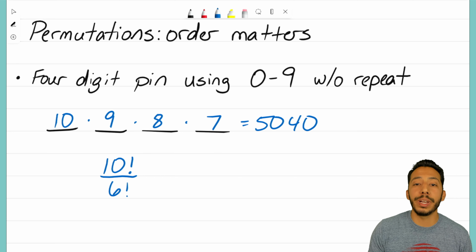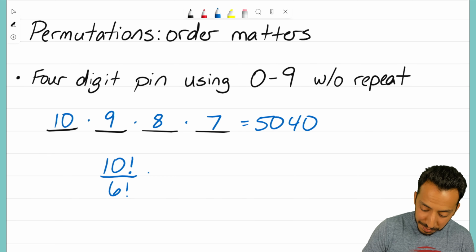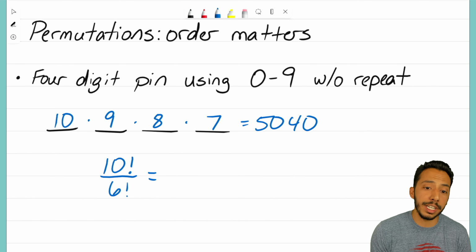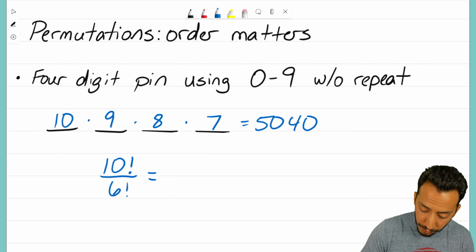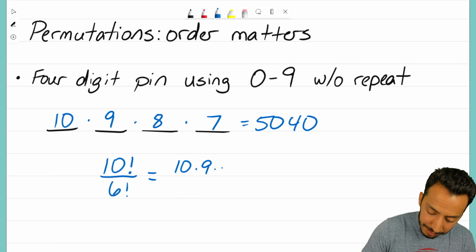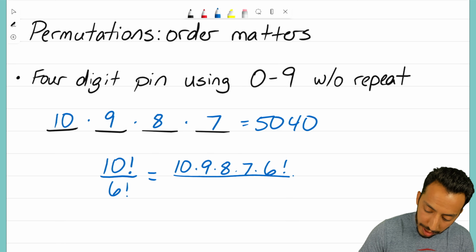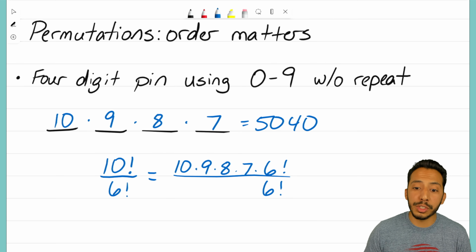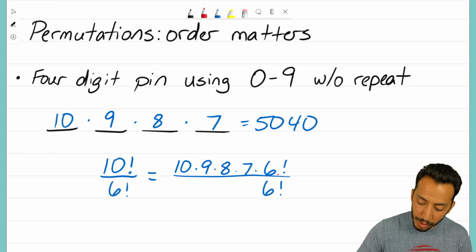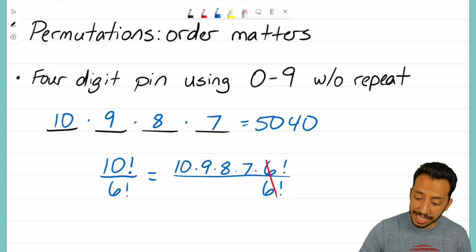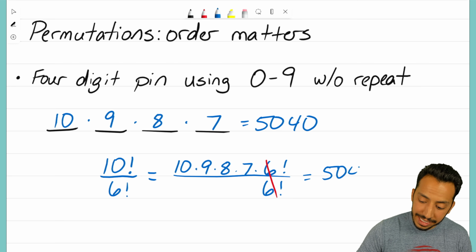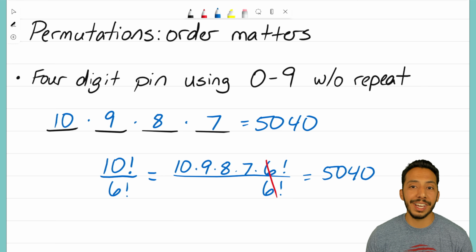And so we end up with 10 factorial over 6 factorial, which, if we get our calculator out or if we try to just do it by hand, we would end up with that same number. I can do this again to show you, 10 times 9 times 8 times 7 times 6, and that would keep going down to 1. We know from our last video that those will cancel, and so we're left with just 10 times 9 times 8 times 7. We end up with 5,040 ways of doing it.